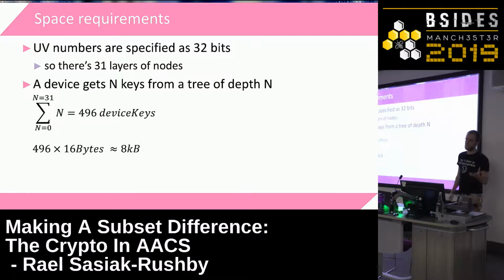Each device key is just an AES encryption key, so it's only 16 bytes. It's about 8 kilobytes of data to put on the device as secret material. That's an important thing here: we're really limiting the space. The device only has to have 8 kilobytes of secret material stored. On the actual disc, a common MKB record might only be 64 bytes long.